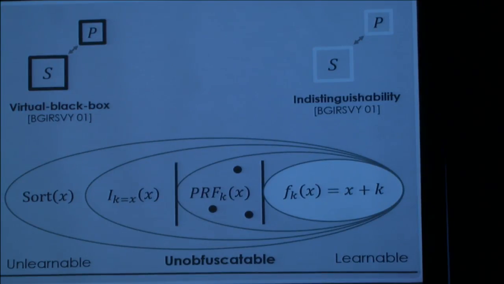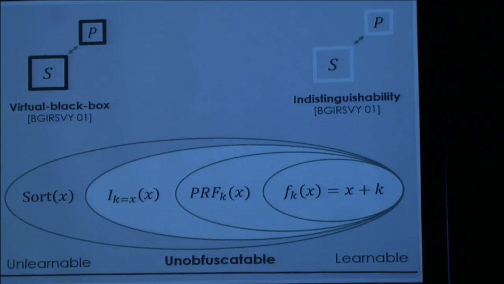This is what we get if we let the simulator be completely unbounded. So the simulator can make as many queries as it wants to the obfuscated program, to the oracle. It can learn all the functionality of this program. The only thing that the simulator cannot learn is if it cannot distinguish between two programs that have exactly the same functionality.